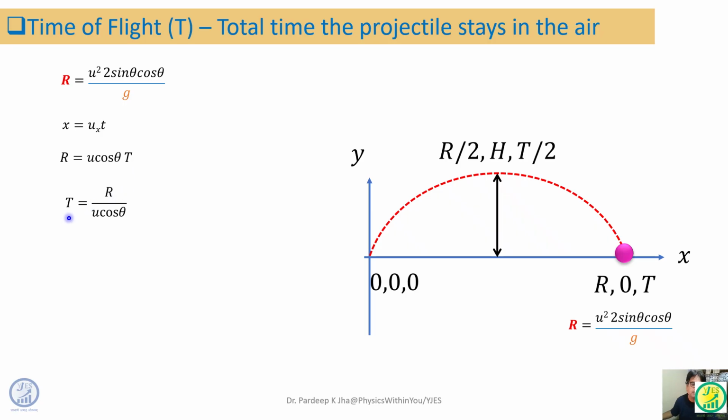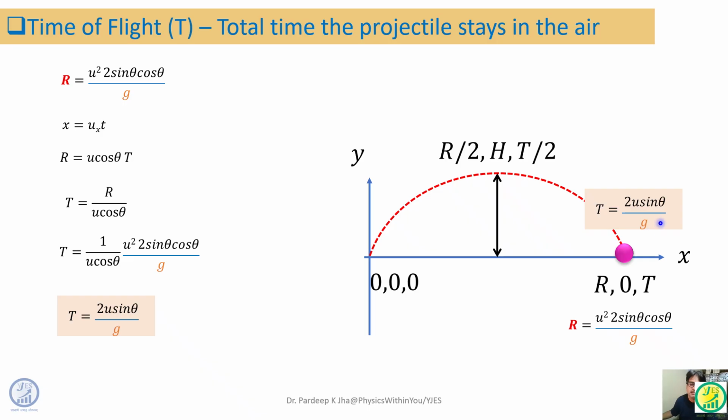So the time of flight will be equal to R upon u cos theta. Since R is known to you, just do some work and you get T equal to 2u sin theta upon g. Very simple relation, right? If you know R, you can estimate T very easily. It was the easiest of the things, but remember the relation: 2u sin theta upon g.